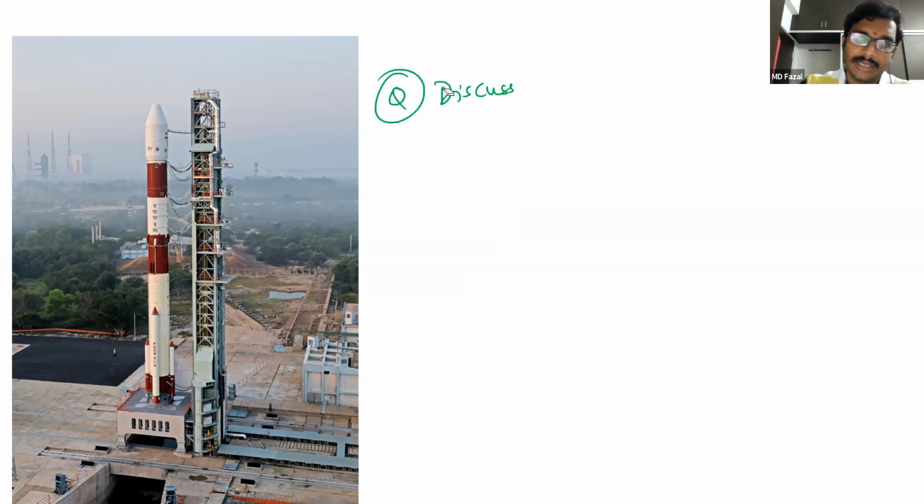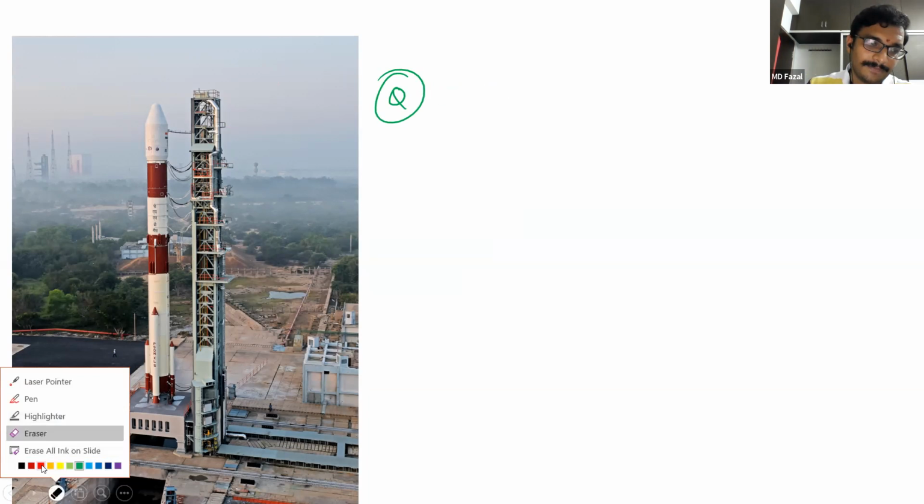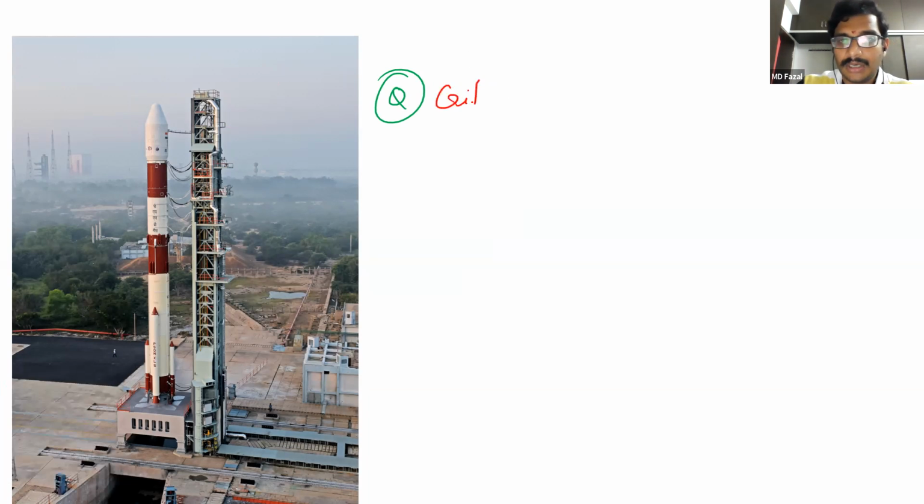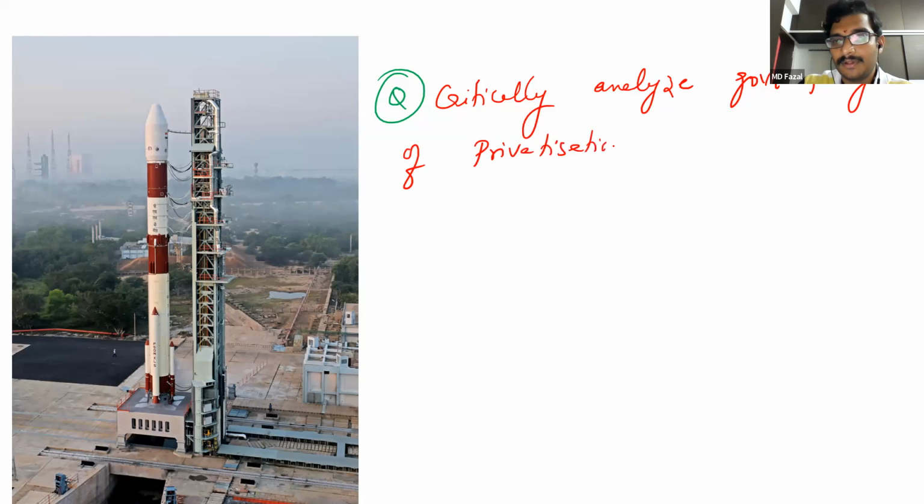Critically analyze government policy of privatization with respect to space sector.